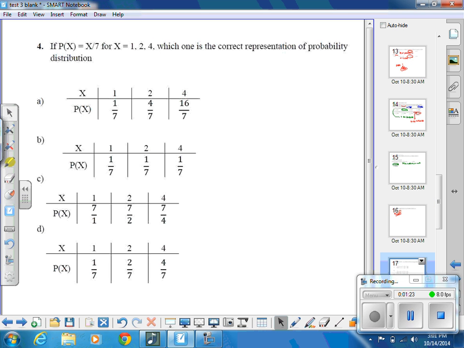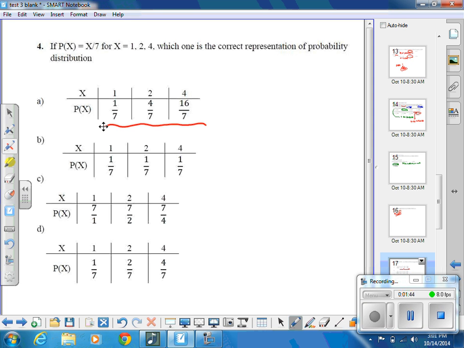Now, this next one says, if the P of X equals X over 7 for X is 1, 2, 4, which is the correct representation of the distribution? Well, first of all, what we can do is just sit here, and even if they didn't tell us anything, they said which one works. We need to add up all these, okay?